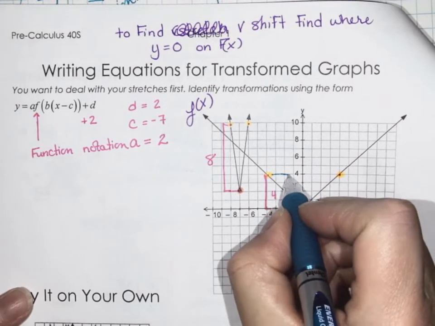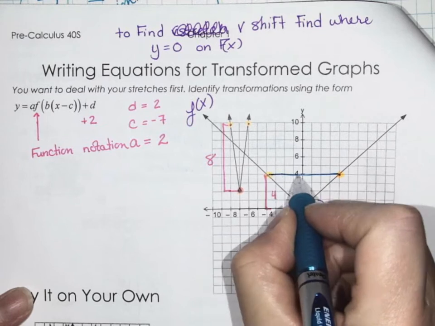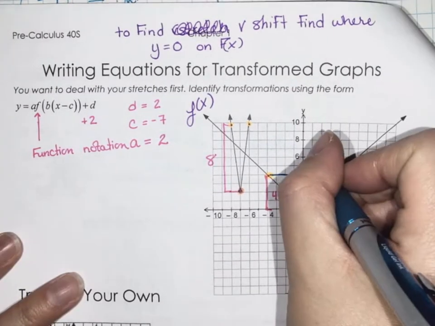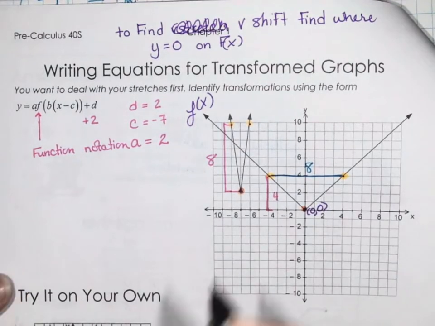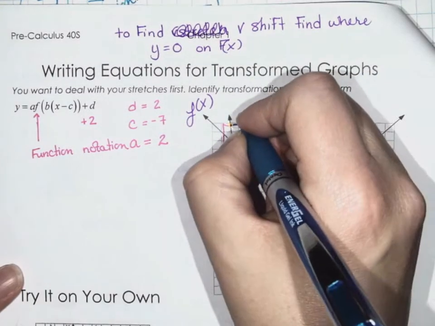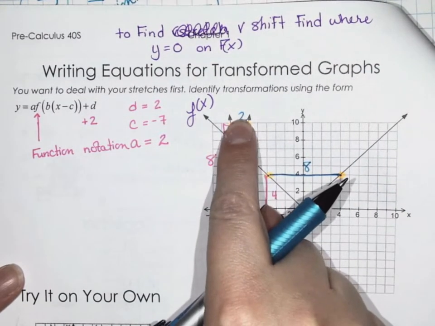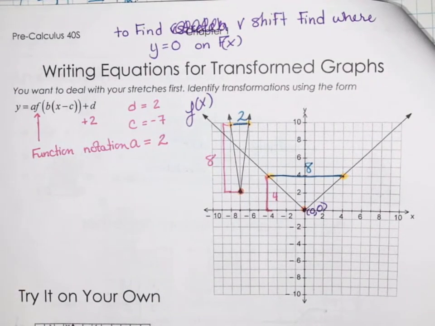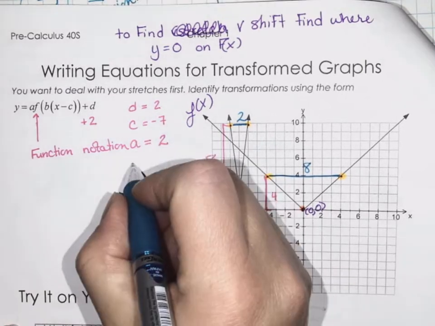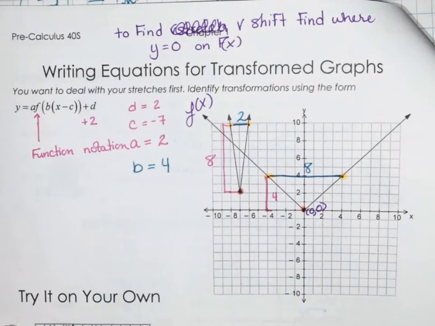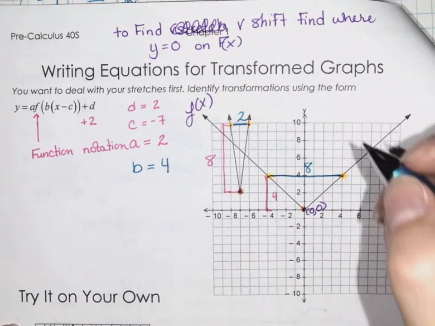Okay, now we're going to do the same thing with the horizontal. I'm going to go the distance between 2 points. What's the distance between those 2 points? Is it 8? Okay, if that's 8, then what's that? That's 2. So if I was at 8, what did I have to do to get to 2? Times by a quarter. So the math is times by a quarter. So what's our B value? Right?